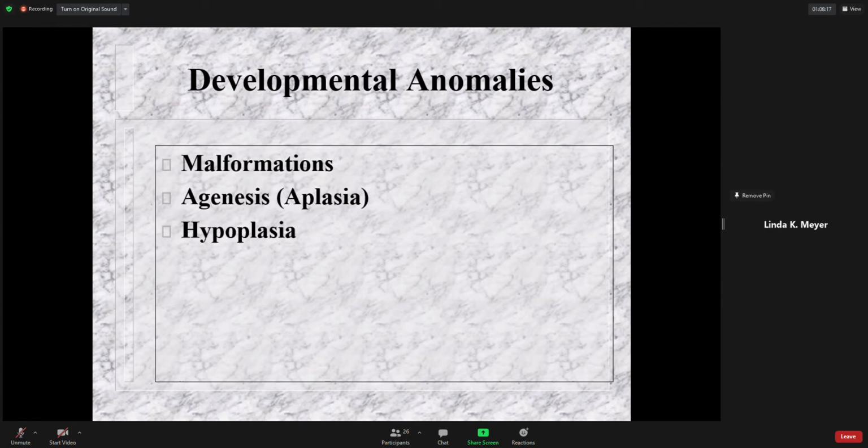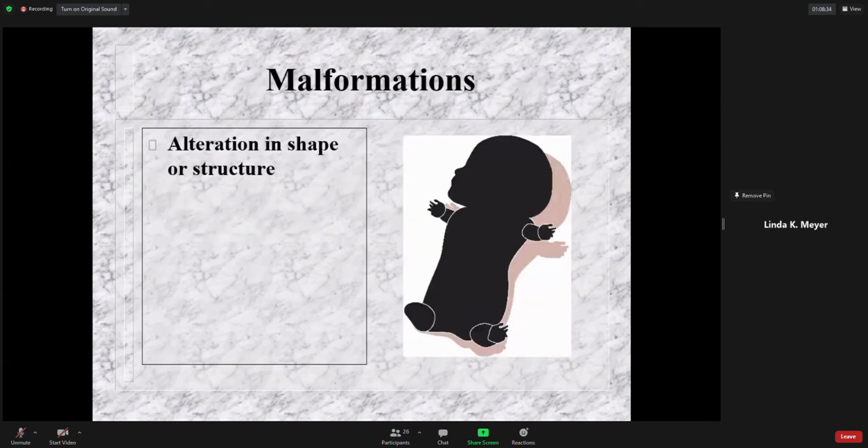So let's distinguish among these three types of developmental anomalies. An anomaly is simply a deviation from normal. First of all, malformations are an alteration in the normal shape or structure.